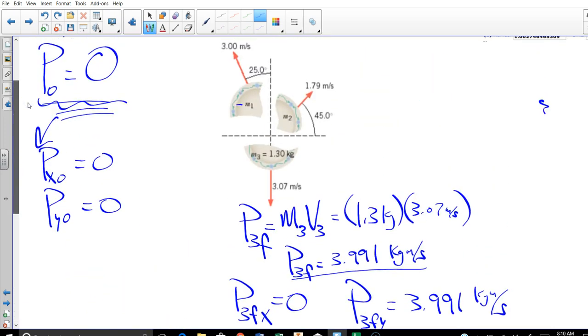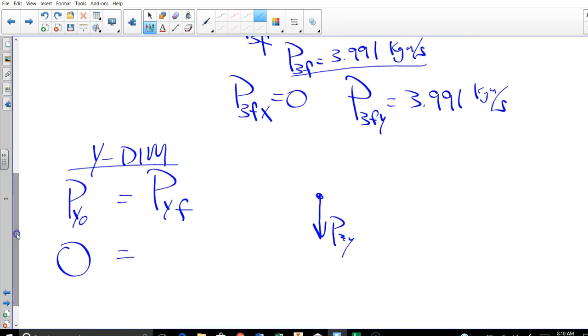What about 1 and 2? Both of their y components are which way? Number 1 is going up and to the left. Number 2 is going up and to the right. So in terms of the y, both of them are up. So P1y final is up, and so is P2y final.